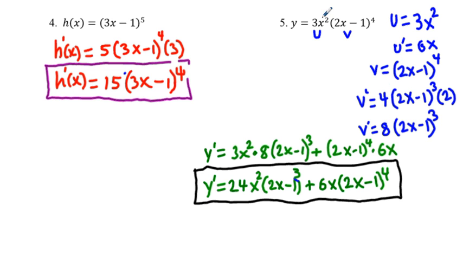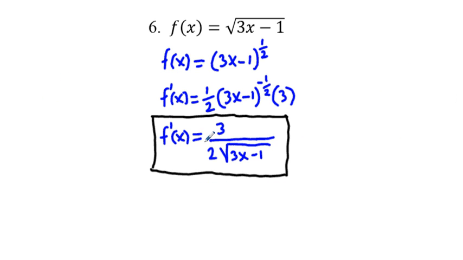And basically with 5, and most of these, it's a matter of organizing. If you organize your u and u prime, v and v prime, and just put it all together, we had a few who did really well on number 5. Number 6 was probably the one that most people did the best on overall.